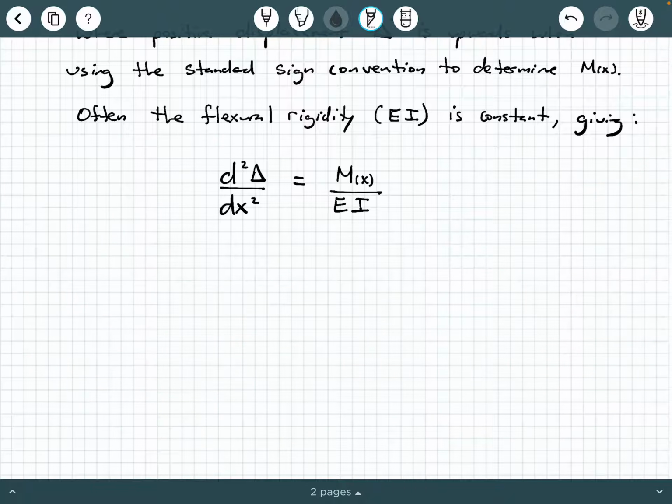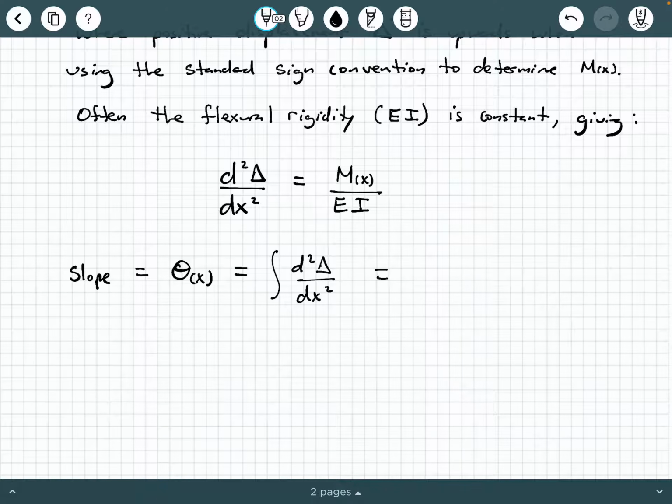Okay, so how do we solve this? Well, oftentimes your moment function will end up being a polynomial. It will depend on the applied loading, but ultimately you're just using method of sections to get the moment function. So our slope angle, which we're going to call theta as a function of x, will be equal to the single integral of this second order differential equation, d squared delta over dx squared.